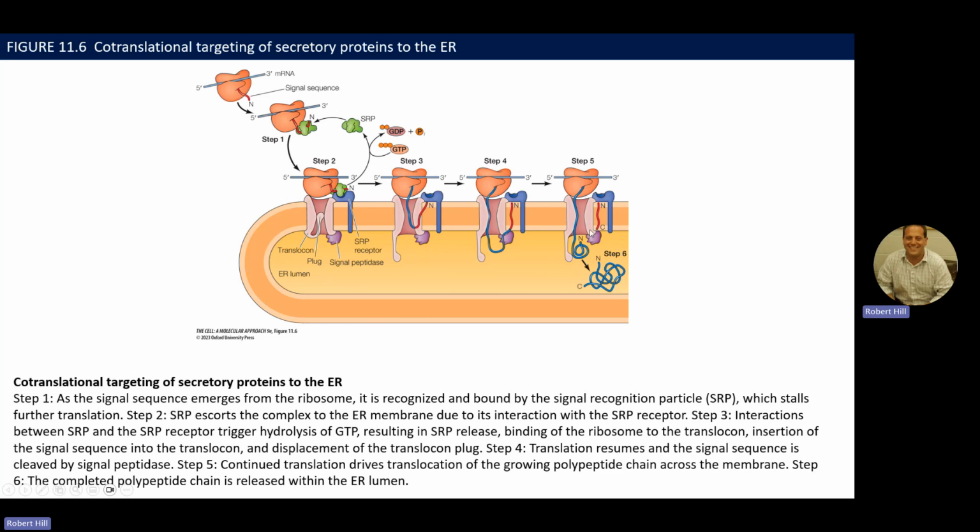All right, the last step is cleavage of that localization signal, and now you have your peptide inside of the lumen. Now this is important for proteins that are going to either stay in the lumen of the ER, or be collected into vesicles and sent to the Golgi apparatus.